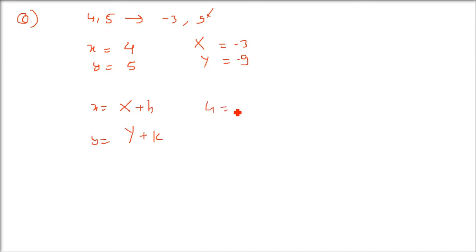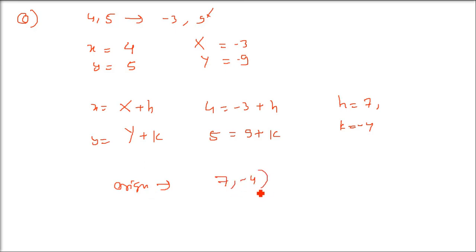Now put it here. 4 equals minus 3 plus h, 5 equals 9 plus k. So h will be 7 and k will be minus 4. So the origin must be shifted to 7 comma minus 4. This is how the new coordinates become minus 3, 9. So this is about the shifting of origin.